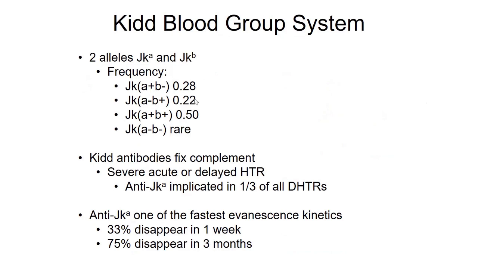JKA is common, 28 plus 50, 78% of donors. And with anti-JKAs having one of the fastest evanescence kinetics of any antibody described, 1/3 disappearing in a week and 3/4 disappearing in 3 months, no surprise. The availability of the stimulus is high, and the disappearance of the antibody made against it very slippery.